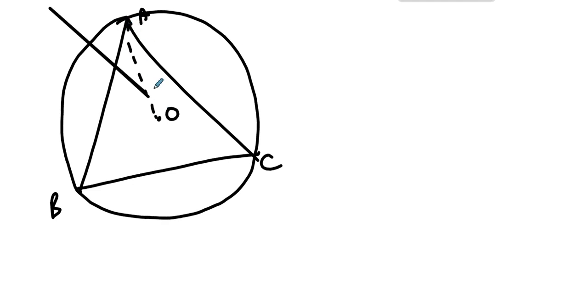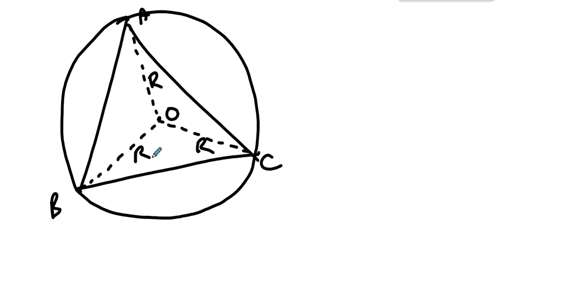And it's got some circumradius R. And how did we get the circumcenter to begin with? Well, we dropped perpendicular bisectors, where this is A over 2 and this is A over 2, right? So what do we got?